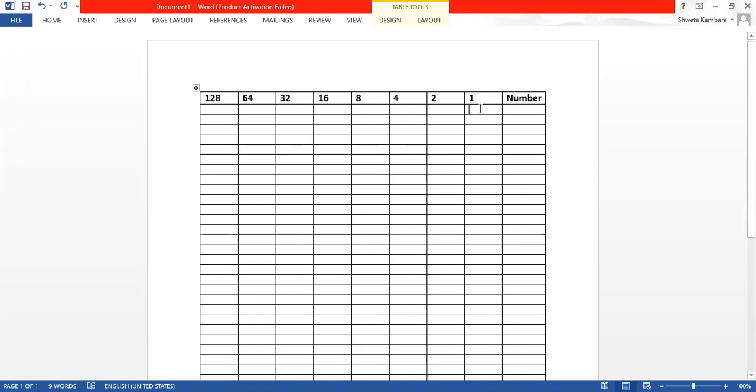Okay. So let's see. Let's take a number 7 plus 8. Okay. So 7 will be represented as 4 plus 2 plus 1, 7. So this will be 1, 1 and 1. As our number is 4-bit, this will be 0.